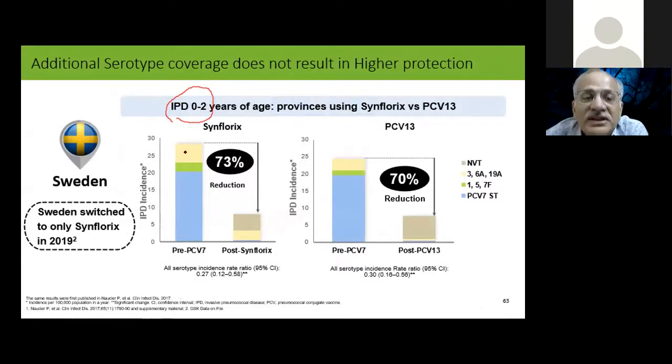And this yellow part is the 3, 6A, 19A. So the yellow part becomes less here, but there the yellow part disappears. That means the 3, 6A, 19A, which was covered in PCV13, caused the disappearance of these three. Whereas here, since it was cross protection only, it only became less. It did not disappear.